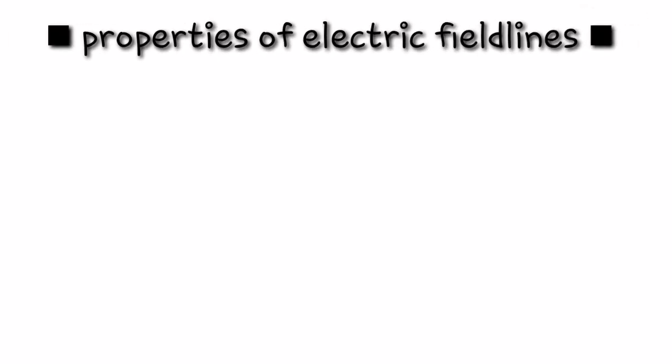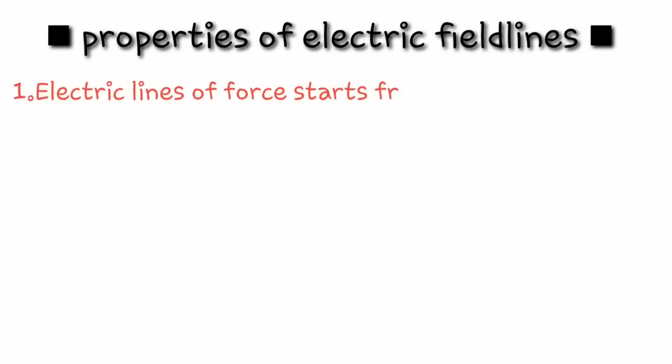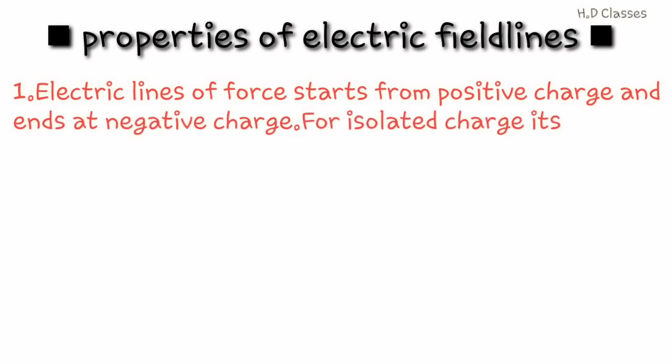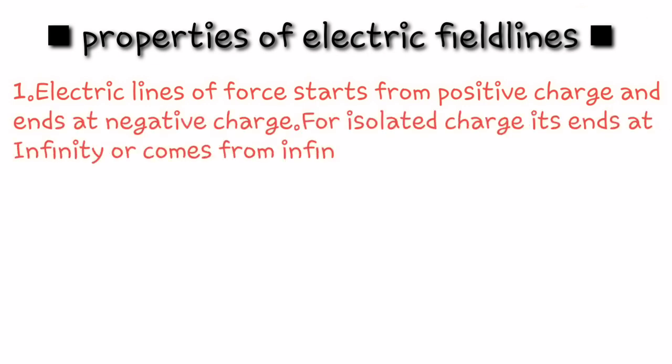Now we are going to discuss some properties of electric field lines. Number 1, electric field lines start from positive charge and end at negative charge. For an isolated charge, they end at infinity or come from infinity. Number 2, electric field lines never cross each other.